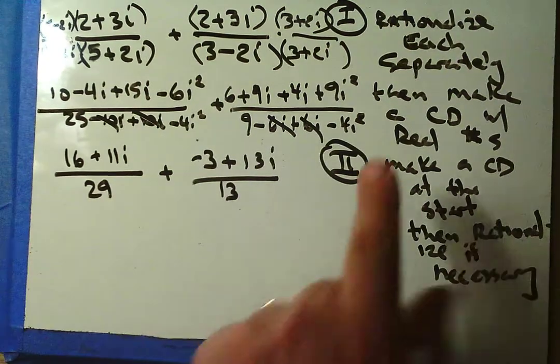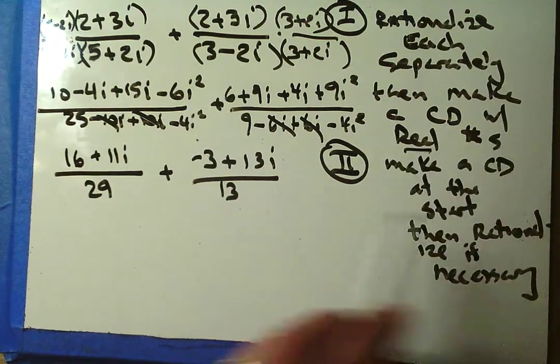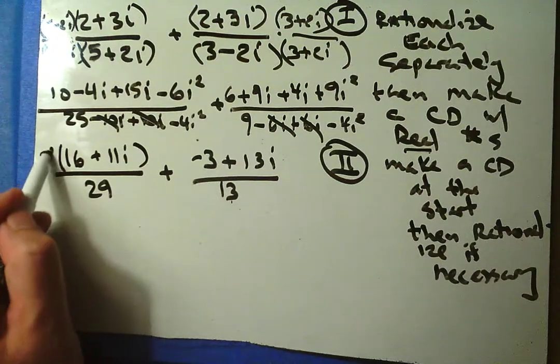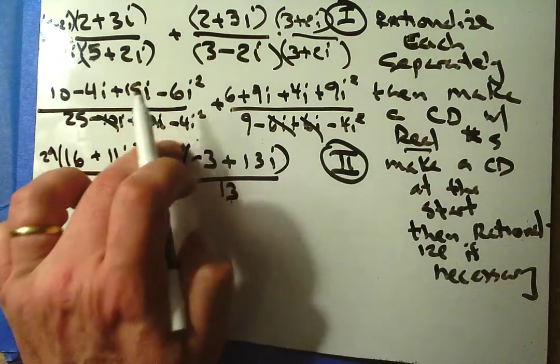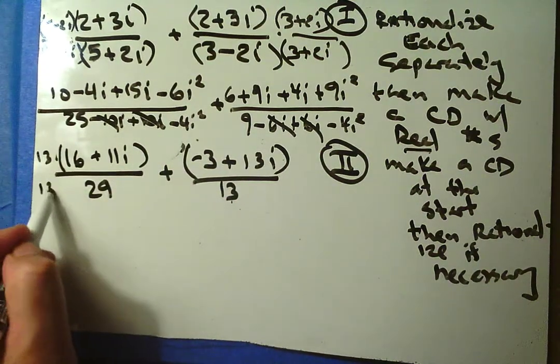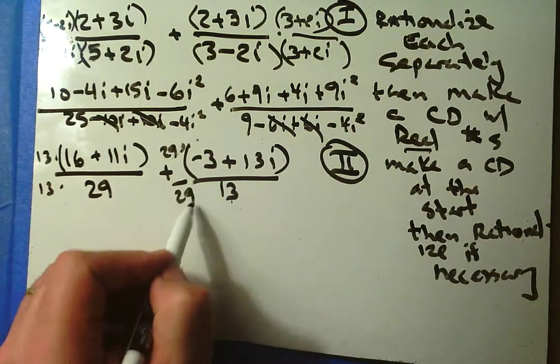So this is the place where now we need to make a common denominator with real numbers. See, these are real numbers. So this one's going to need a 29, and this one's going to need a, oops, no, just the opposite. This one's going to need a 13 over 13, and this one's going to need a 29 over 29.